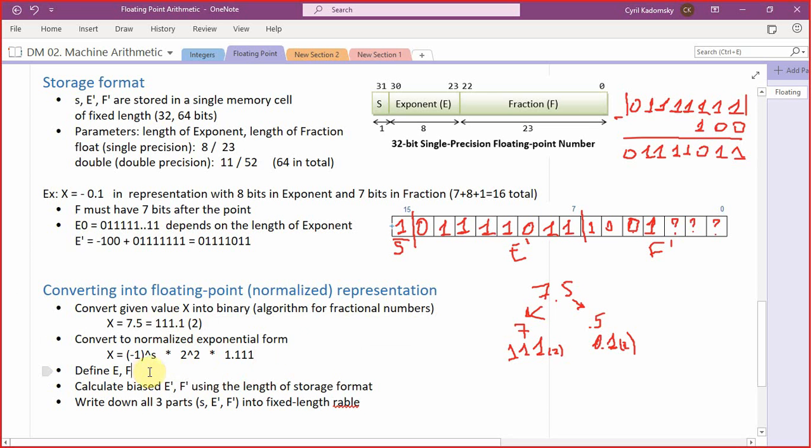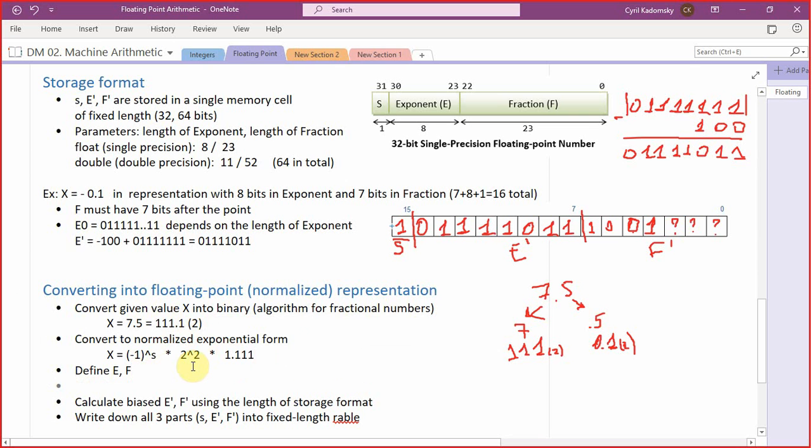Now we write down what our exponent and fraction are. They are already before our eyes. The fraction is 1.111, and all the rest will be 0, 0, 0, 0, 0, because in our number there are no more significant digits when we have converted it.